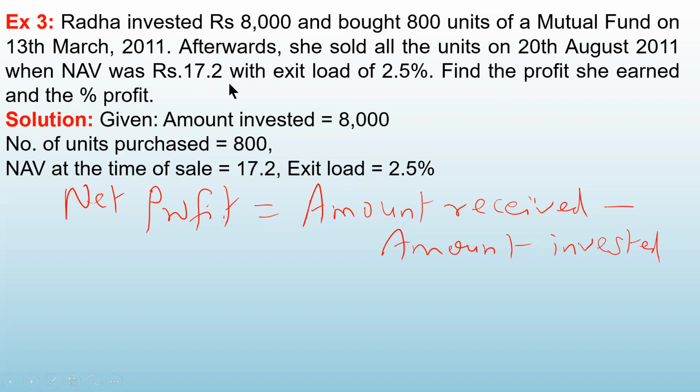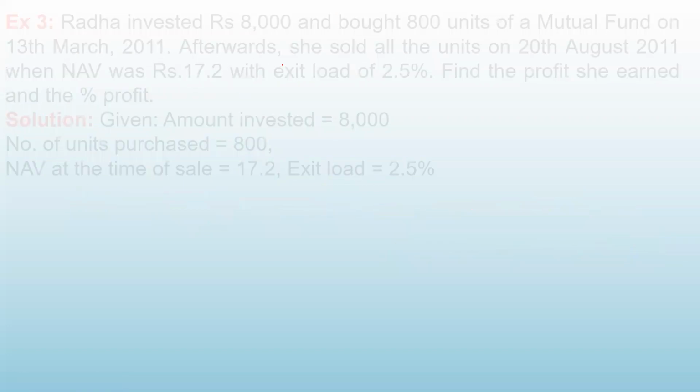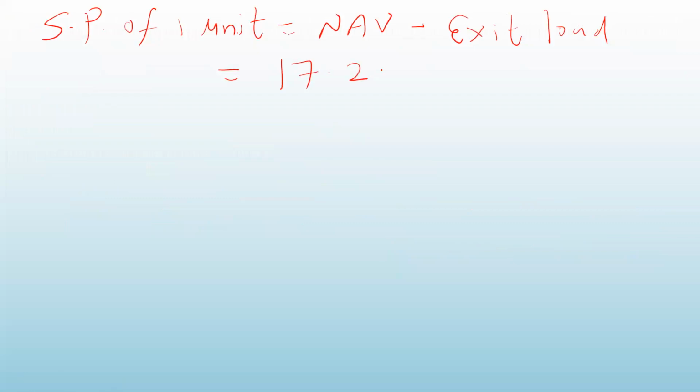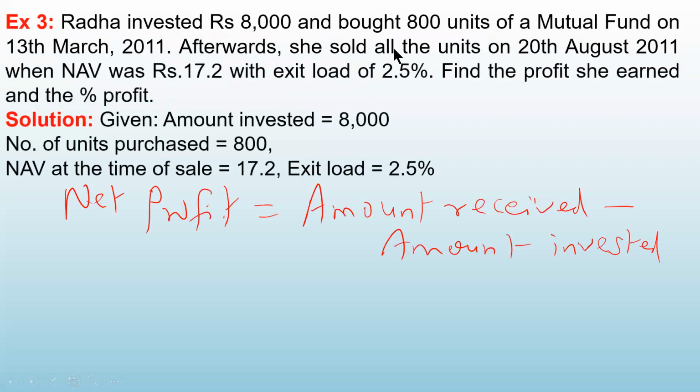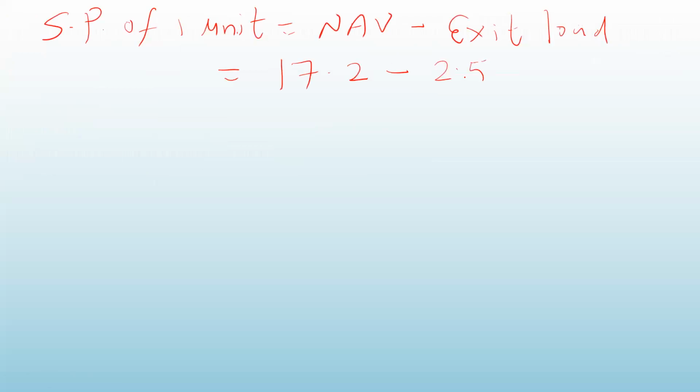NAV was 17.2. And what was the exit load? 2.5%. So it is 2.5% of NAV. Exit load is always calculated on NAV. So 2.5% of 17.2.